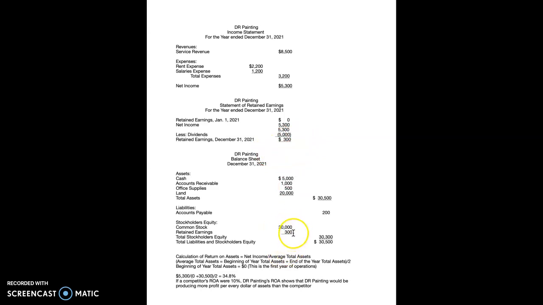Add those two stockholders' equity accounts up together and put the total here as total stockholders' equity. And now you're ready to do your last calculation, which is adding up your total liabilities plus your total stockholders' equity, and that equals your total liabilities and stockholders' equity, and I should underline that, indicating that's the end of the calculation.